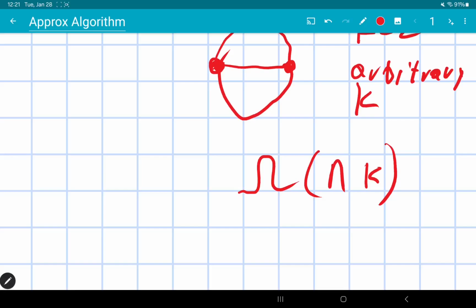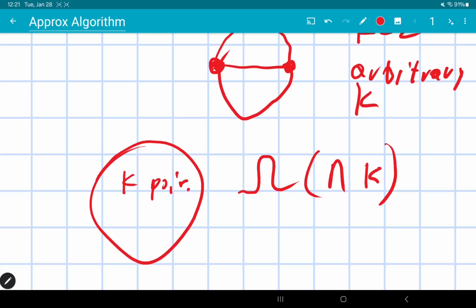So the natural question is how to compute the smallest disk containing k points, approximately, right? So we are willing to find a disk containing k points that can be at most twice larger than the optimal disk. It turns out that one can imitate this algorithm and do it, and it's described in the class notes.